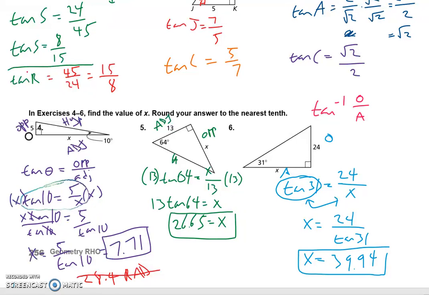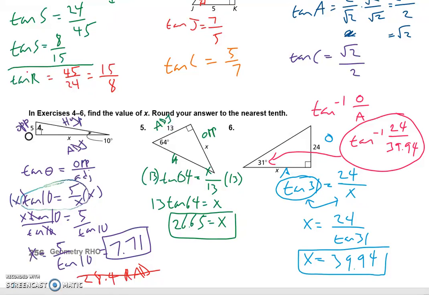So tangent inverse of opposite, 24 divided by 39.94. This right here should give you something that's really close to this number.